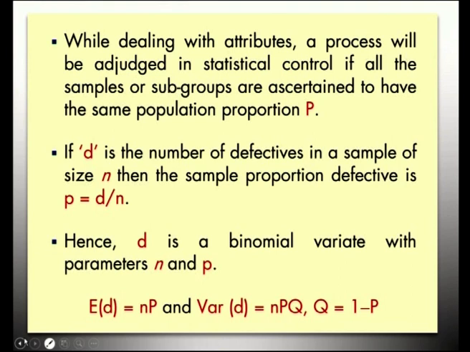Hence, D is a binomial variate with parameters n and p, because np stands for the mean of the binomial distribution.